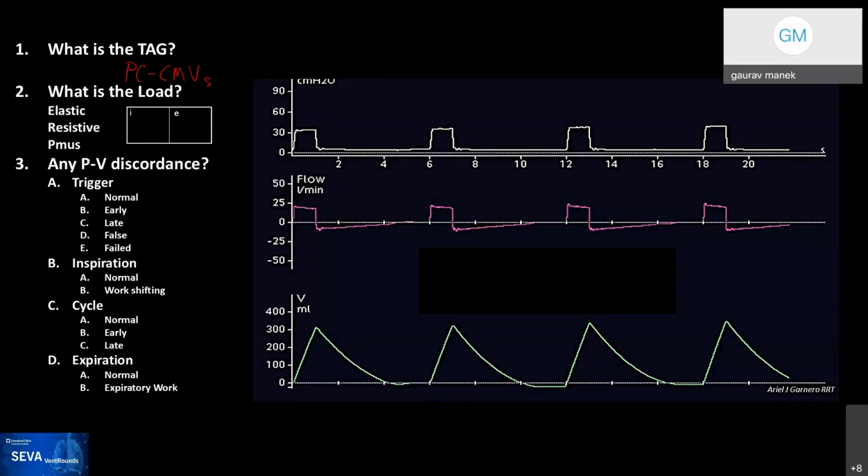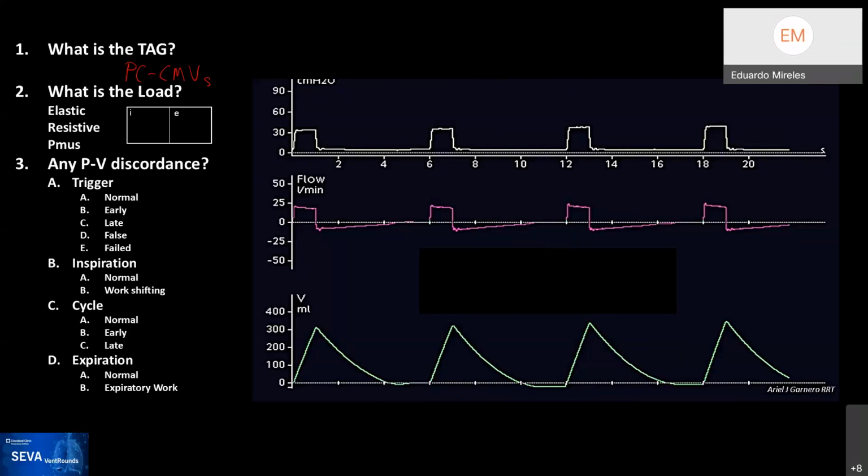For the load, I mean, it's a square wave flow waveform. So I'm wondering if this is VC now instead of PC, because they all look identical. So let's go with VC. Can I change it?